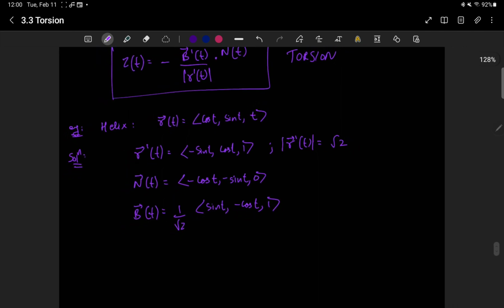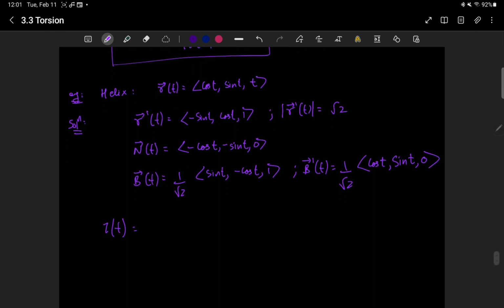So plugging all of these ingredients into the formula, the recipe up there, we need B prime of t. So let's find the derivative of this. 1 over root 2 is just a constant. Negative cosine t will give me a sine t, and 1 will just give me a 0.